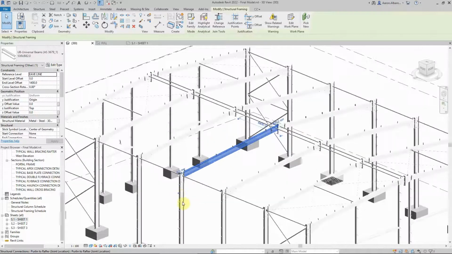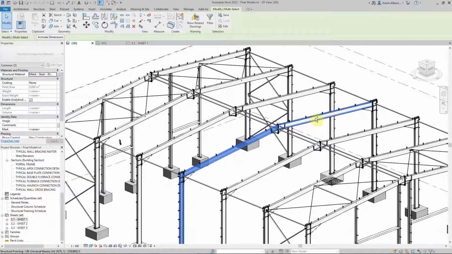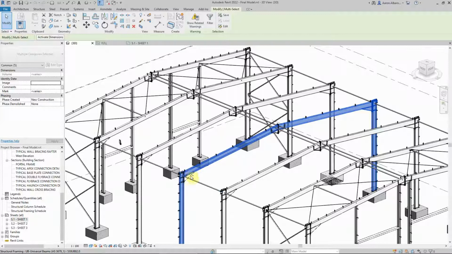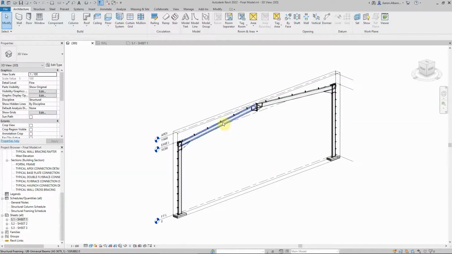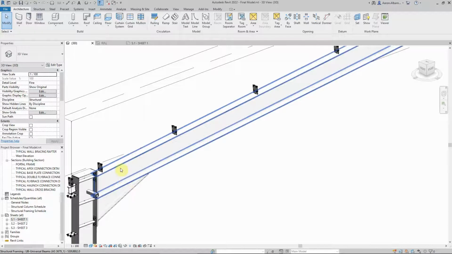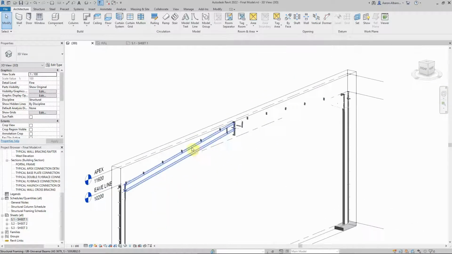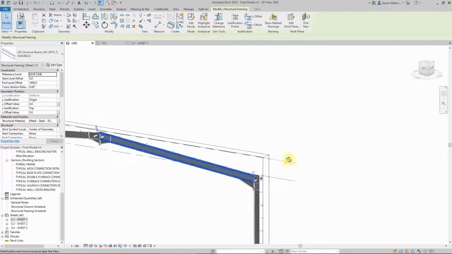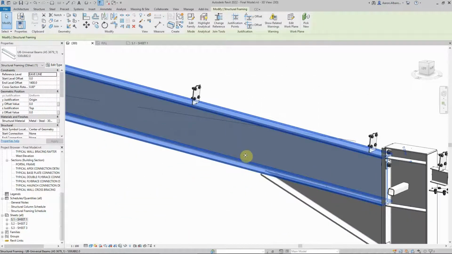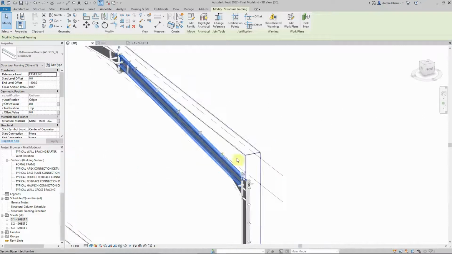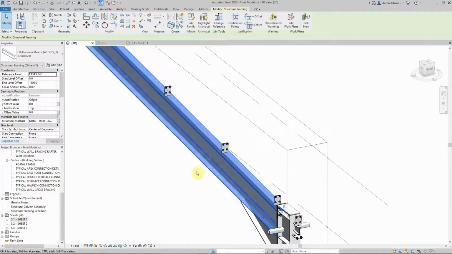So let me just look at this frame. If I look at this beam here, as you can see, it's deep in this direction, but narrow in that direction, in the width. It's not very wide, okay?